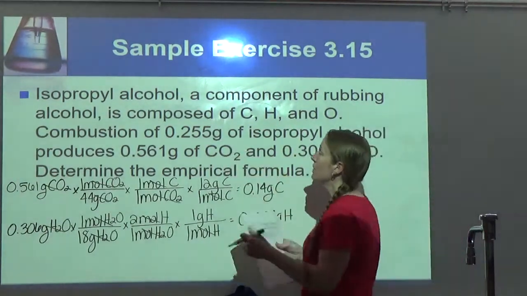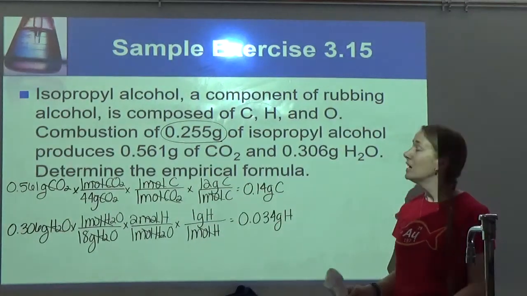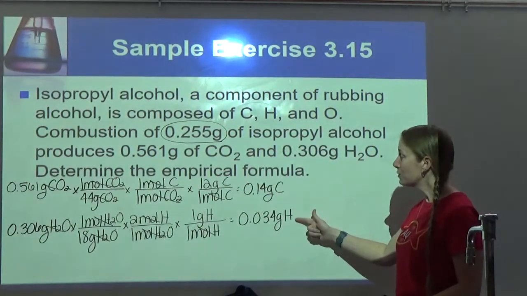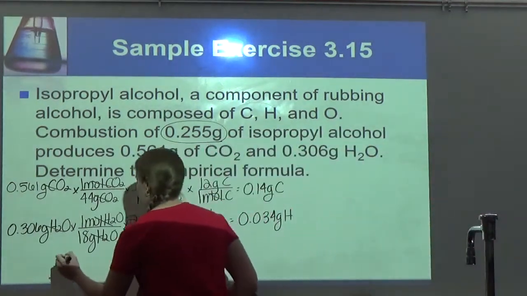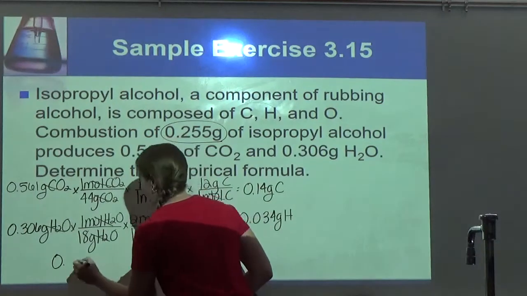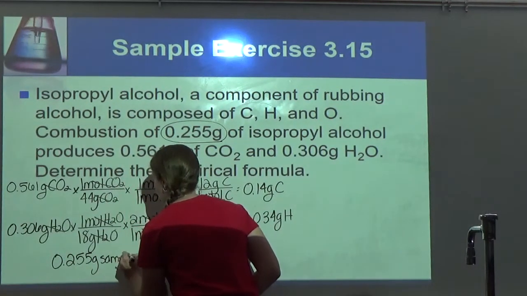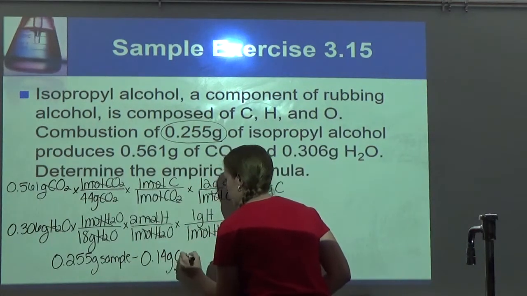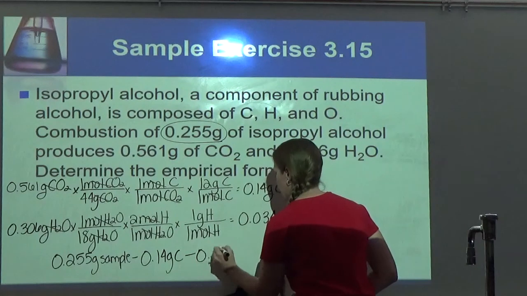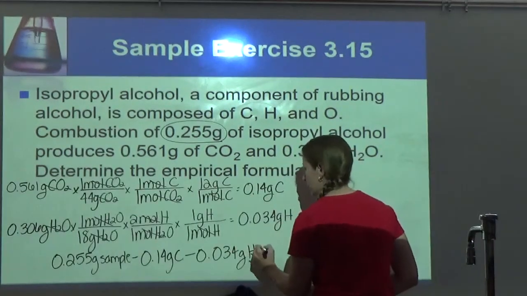But if you notice, they gave us the amount of isopropyl alcohol we're starting with. So if I know this much is carbon and this much is hydrogen, the rest of it has to be oxygen. So I take my 0.255 grams of my sample, and I just subtract the carbon, which is 0.14 grams, and I subtract the hydrogen, which is 0.034 grams.